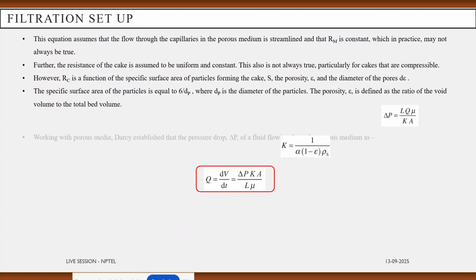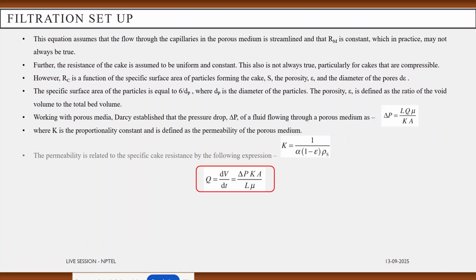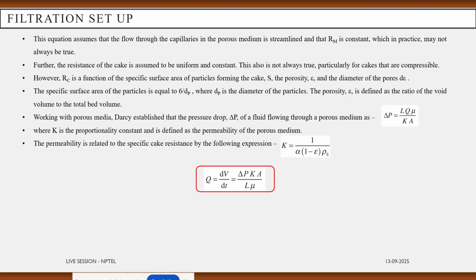The next topic is incorporating the term permeability, because we are dealing with a porous material, so there is a permeability factor as well.